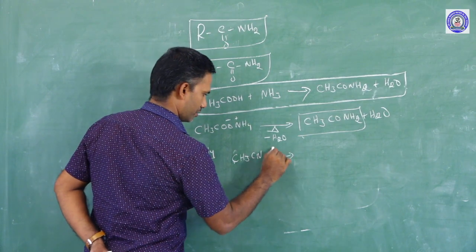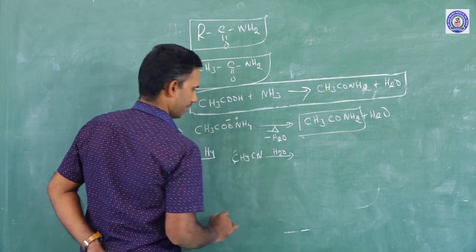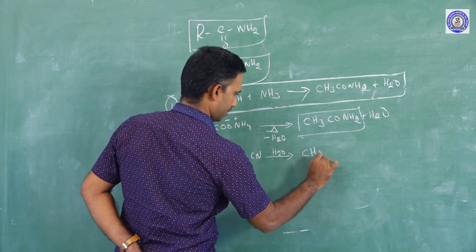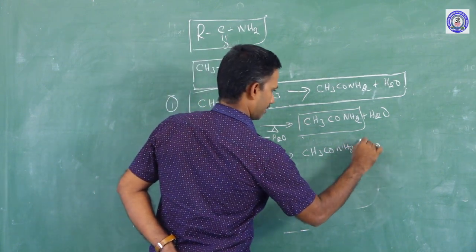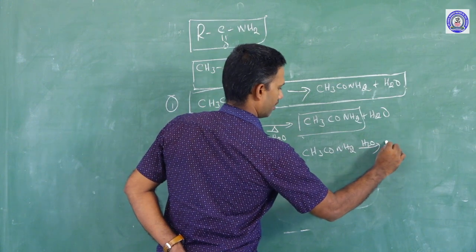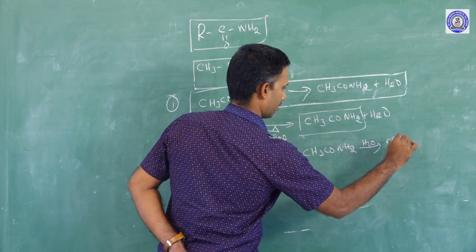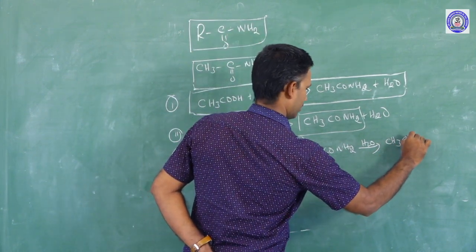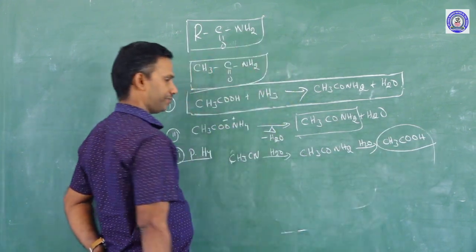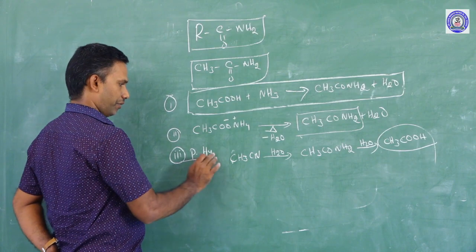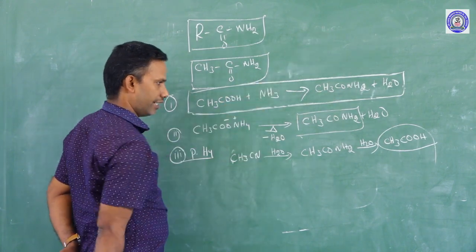If you hydrolyze this one, what is going to happen? First it will become amide. Then it will become the final product, acid. So if you do hydrolysis, it will end with the acid.